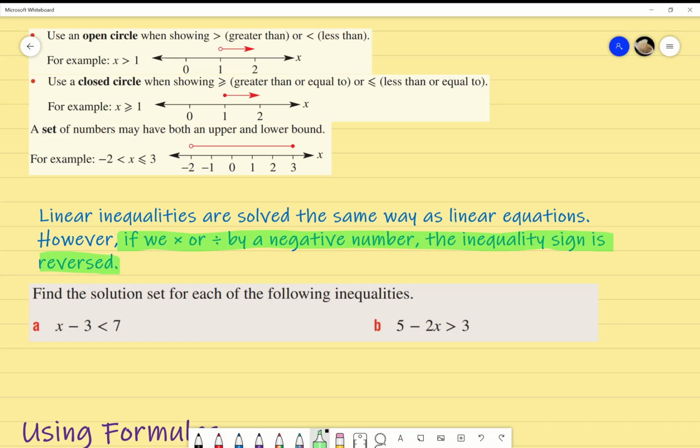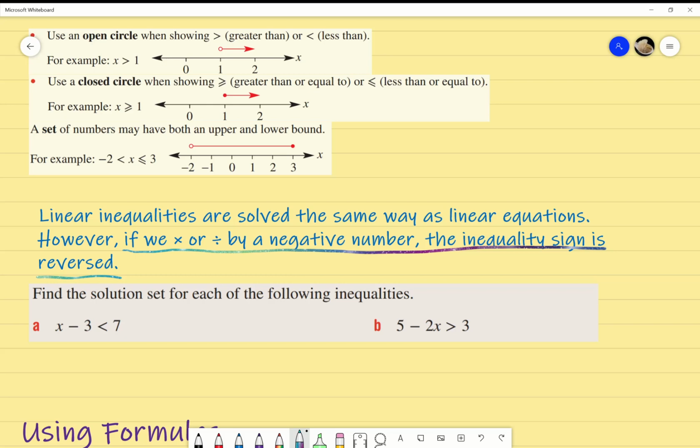If we multiply or divide by a negative number, then the inequality is reversed. I've used sparkly pen to make it look fancy now. Now you guys will never forget this. If we multiply or divide by a negative number, we have to reverse the inequality sign.